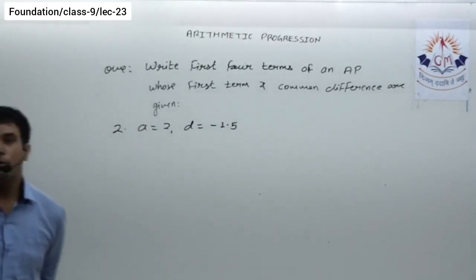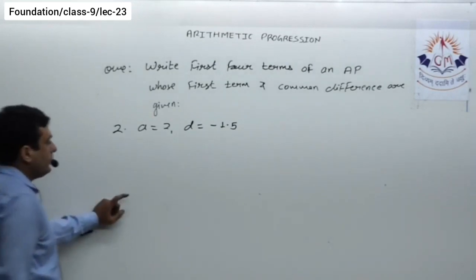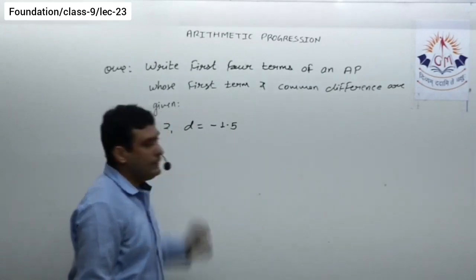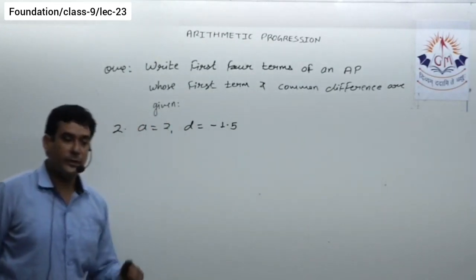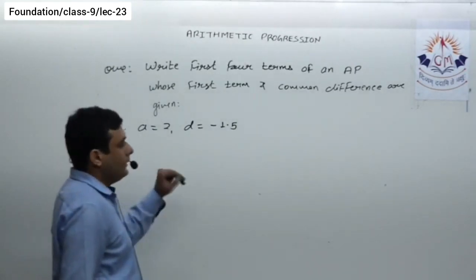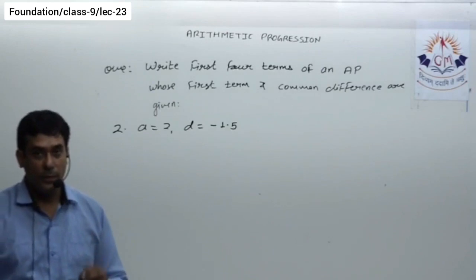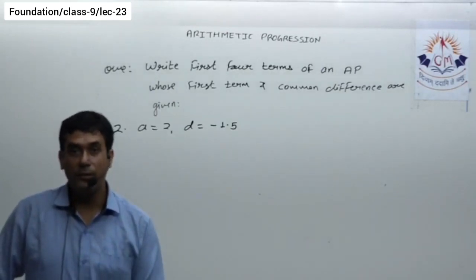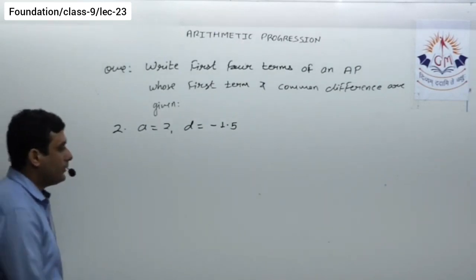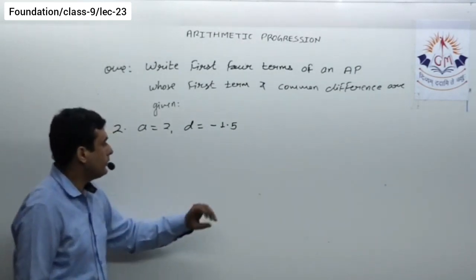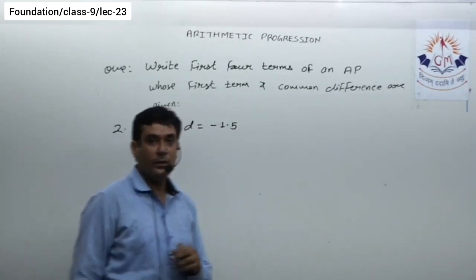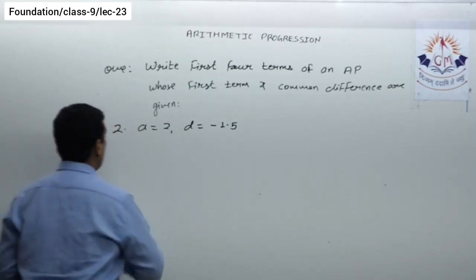See, in the first question d was 2.5, that means positive. Here I took d equal to minus 1.5, that means the common difference may be positive, the common difference may be negative. So now my question is, can the common difference be 0? Think on that. I will come to the solution of this question, whether an AP can have its common difference 0 or not. Now we'll come to this question.